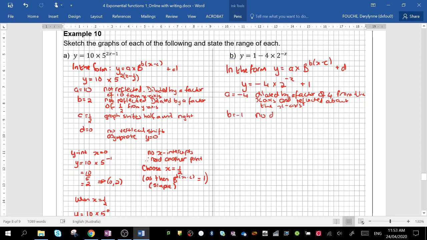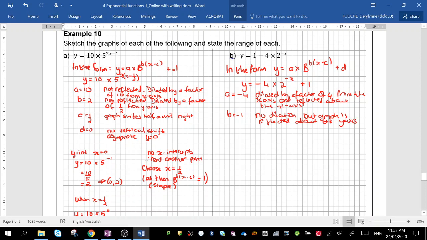There is no dilation, so we're always comparing it to the base graph of y equals 10 to the x, so there's no dilation, but our graph is reflected about the y-axis.